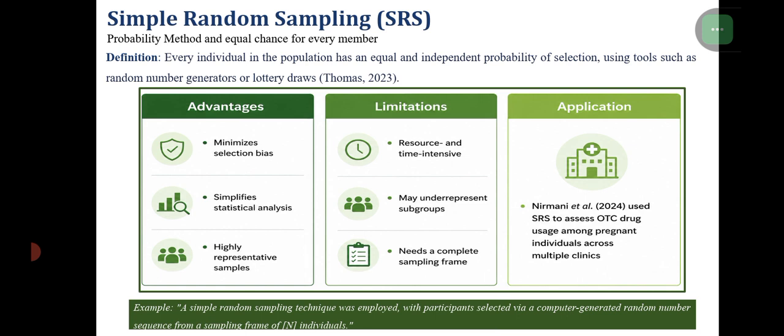See the definition: every individual in the population has an equal and independent probability of selection using tools such as random number generation or lottery draws. Imagine a situation where they want to pick the winner from all those who have contested.